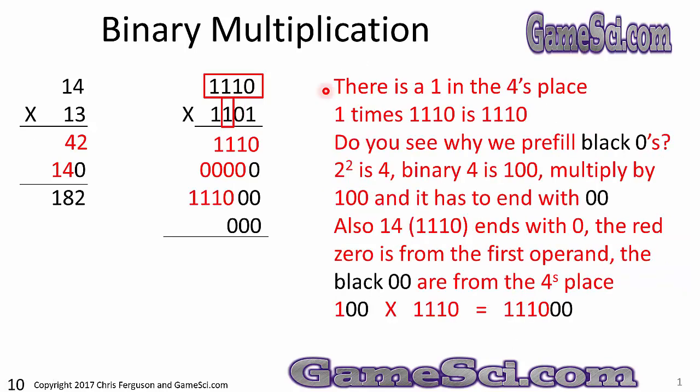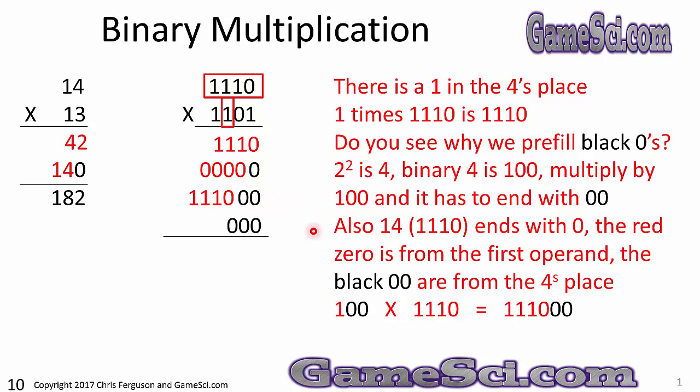There's clearly a 1 in the fours place. 1 times 1110 is 1110. Here's the 1 in the fours place. I multiply it by the top operand, and I get a result for that right here. Do you see why we pre-fill the black zeros? 2 to the second power is 4. Binary 4 is 100. Multiplied by 100, it has to end in two zeros.